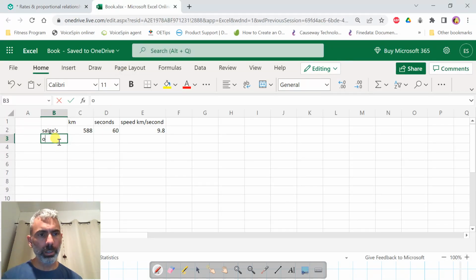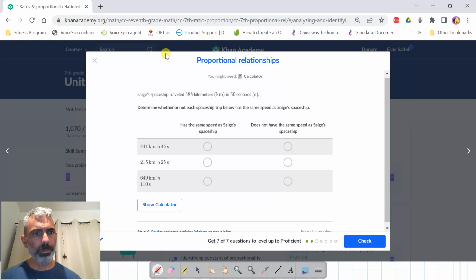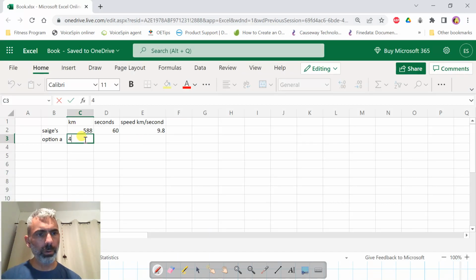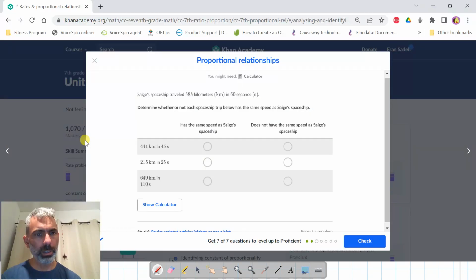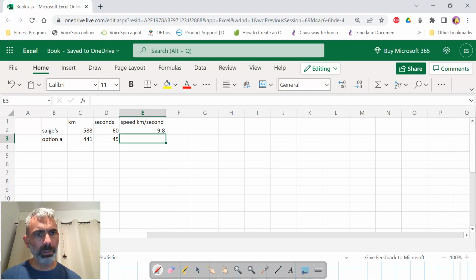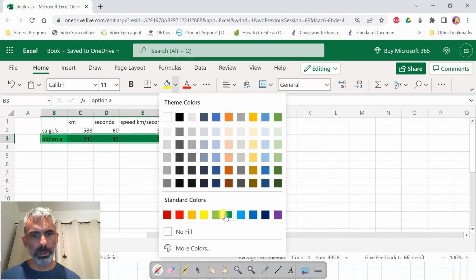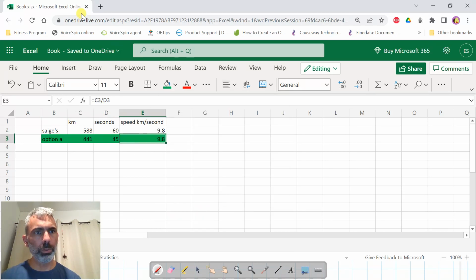Okay, so option A travels 441 kilometers in 45 seconds. So the speed is the number of kilometers divided by the number of seconds. So the speed of option A is the same as Cygnus spaceship. So option A is good.